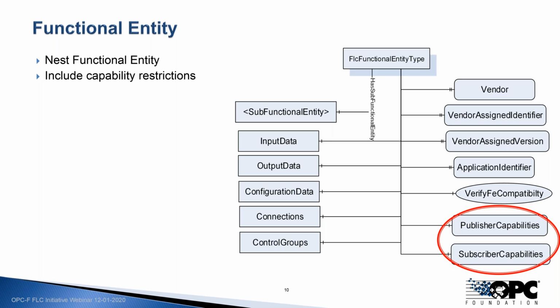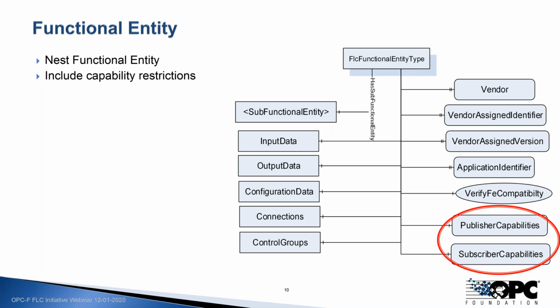But for this specific functional entity, I may require millisecond communication. You know, that the logic for a robotics controller application that I've written says that it has to run in microseconds. So I can restrict the capabilities that this functional entity requires or can do.